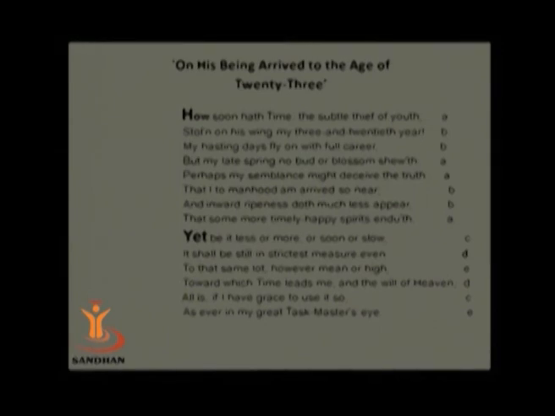So, yet be it less or more, or soon or slow, it shall be still in strictest measure even to that same lot, however mean or high, towards which time leads me, and the will of heaven, all is, if I have grace to use it so, as ever in my great taskmaster's eye.